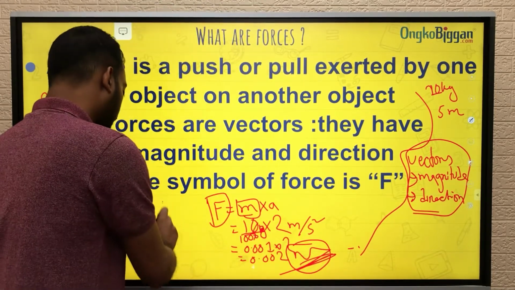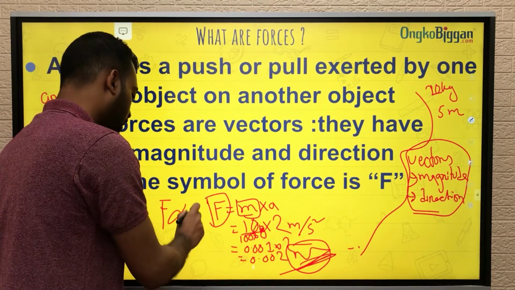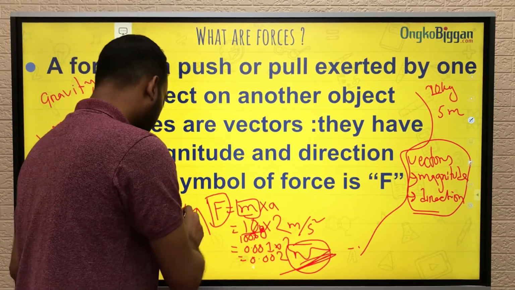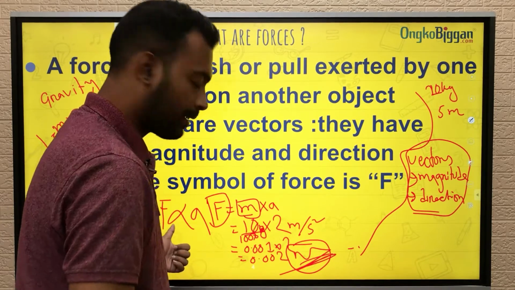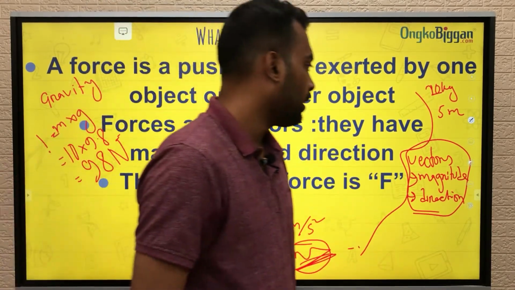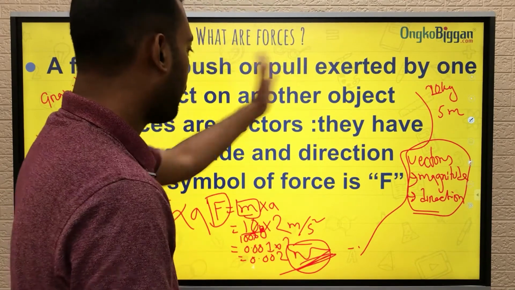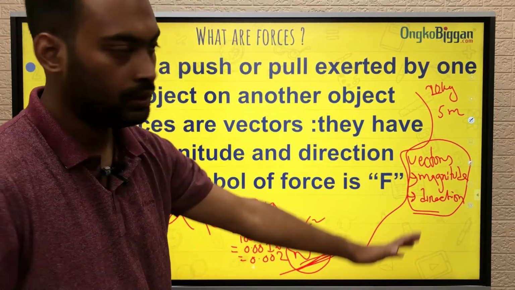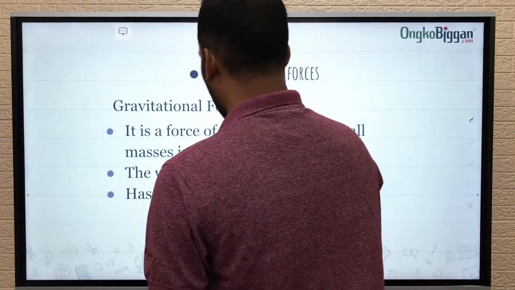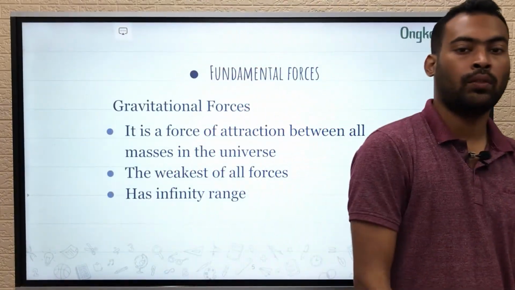We can also say that F is directly proportional to A. The more acceleration, the more force you need to apply. So these could be the examples, or the basic understanding of forces. Next slide, we'll be talking about fundamentals of forces.